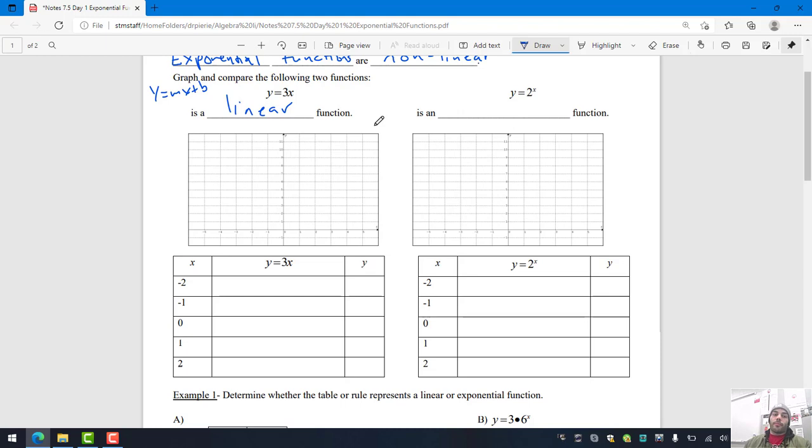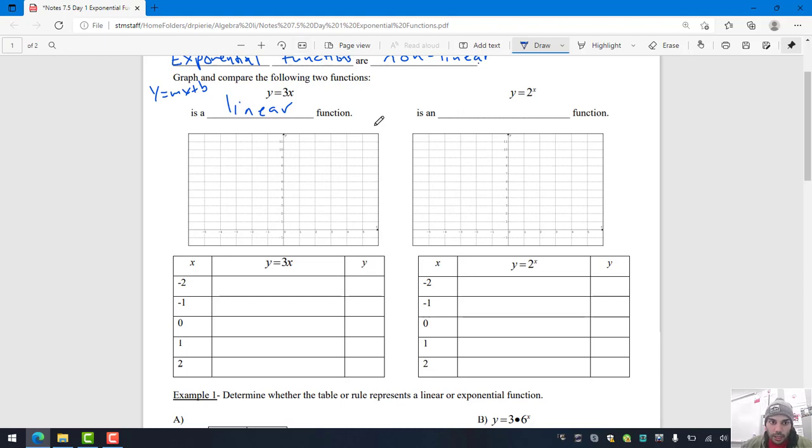Here's what's nice about graphing: you can plug in whatever numbers you want into that equation. You want to pick the easiest numbers possible. So here's what I'll always say: when you're trying to graph an equation, start with the easiest number to plug in. What is the easiest number to plug into this equation? It's probably the number 0.